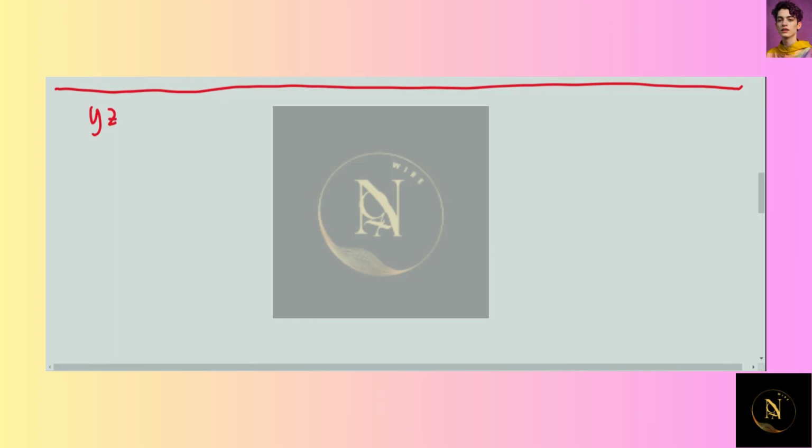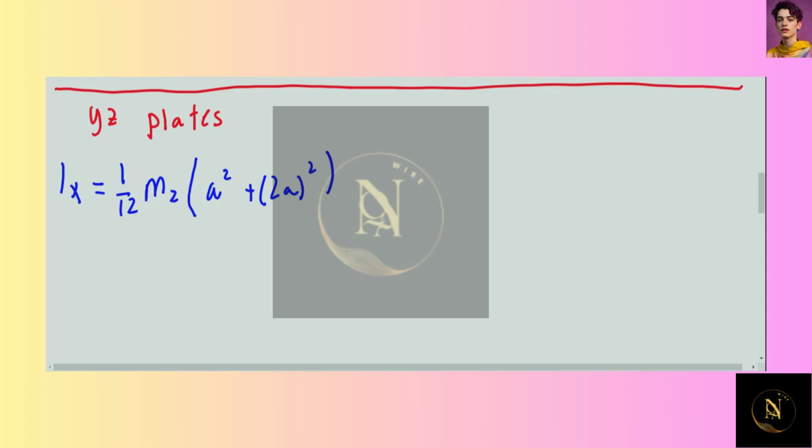For the x component of those plates, that's going to be 1 over 12 times m2 times a squared plus 2 times a squared. So we can plug in m2 and we'll get 1 over 12 times m times a squared.